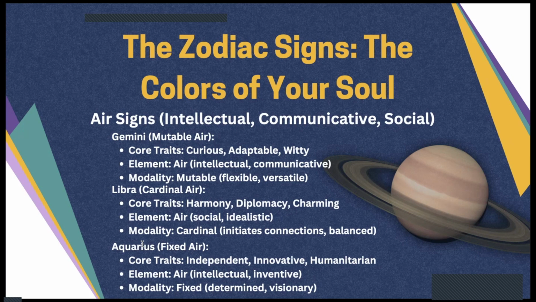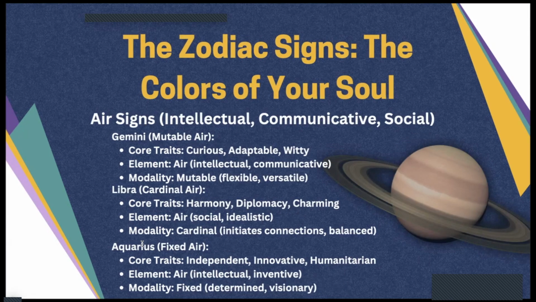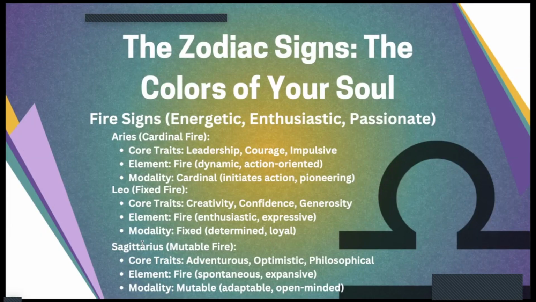Notice the common denominator amongst these modalities. Aquarius is fixed air, Taurus is fixed earth, so the modality is persistent and loyal. Aquarius, determined, visionary. Then you have Leo, determined, loyal.